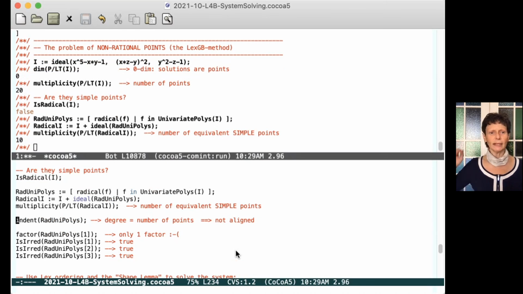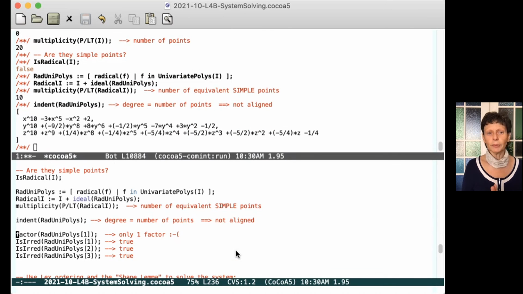I add them to the ideal. I know that it is a 0-dimensional ideal. If I add the radical of the univariate polynomials, I get the radical of the original ideal. Okay, so radical I is the radical of the ideal, and the multiplicity gives me 10. So there are 10 points of multiplicity 1.